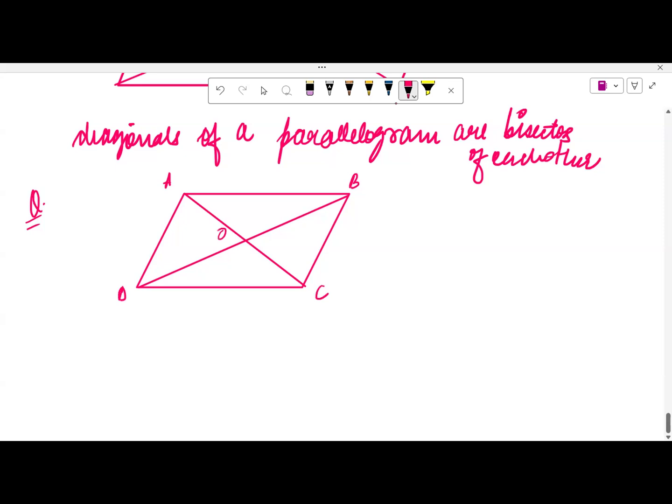Over here you have been given that OC is equal to 4 centimeters, and BD is 5 more than AC. Do you understand the question? OC is given to you directly, it is 4 centimeters. But BD is 5 more than AC. So now you have to find the measure of OD.